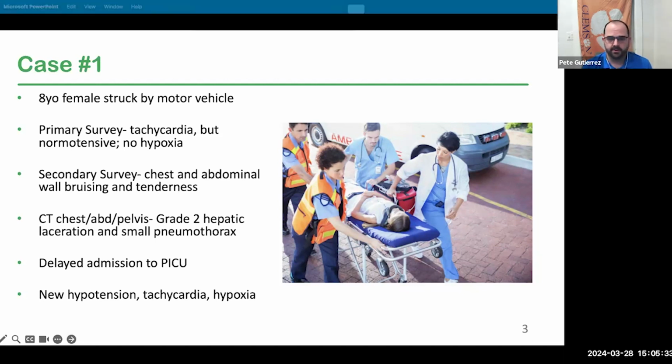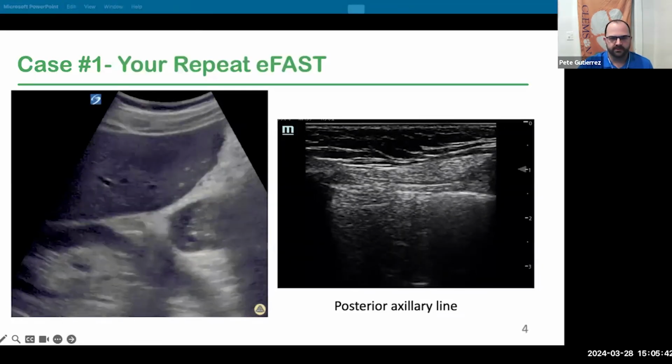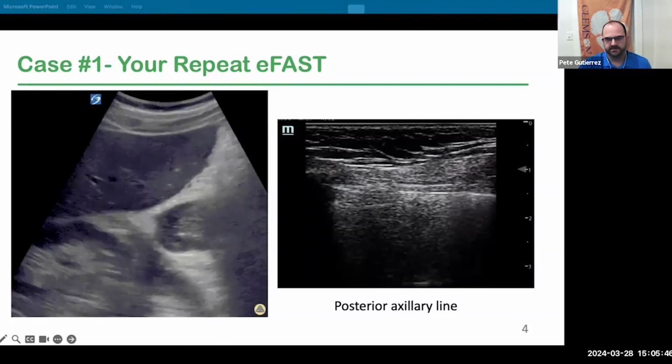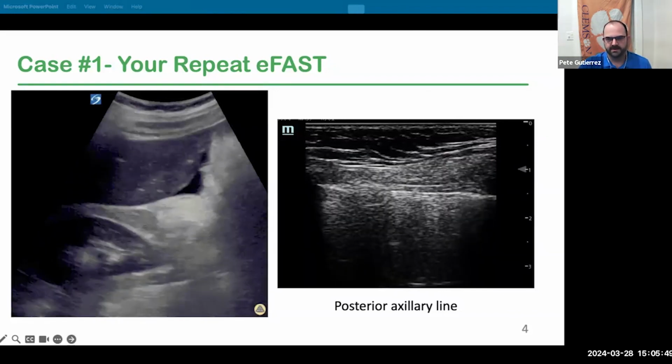Upon arrival to the PICU, patient has new hypotension, worsening tachycardia, and new hypoxia. So you grab your handy dandy ultrasound, and this is what you see. I'll give you a couple of seconds.